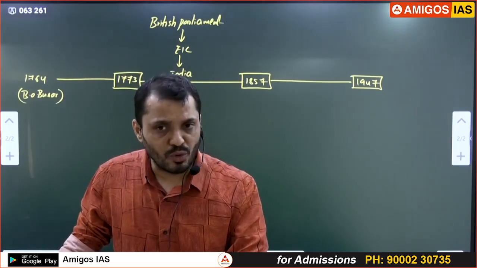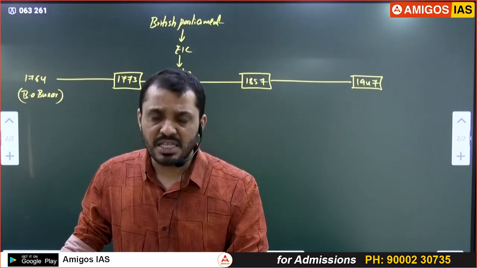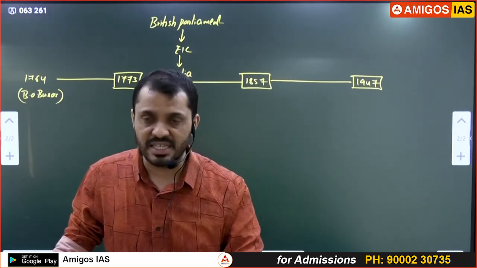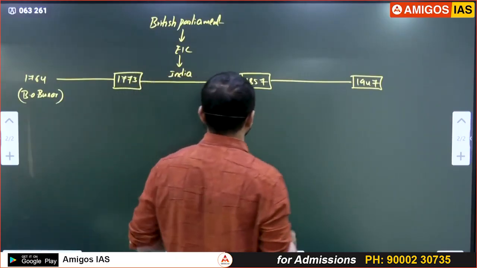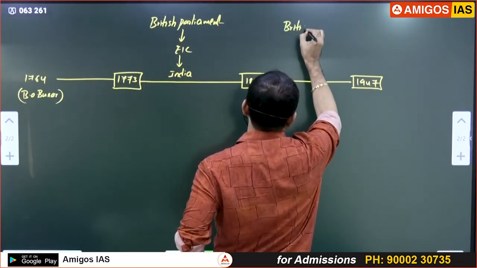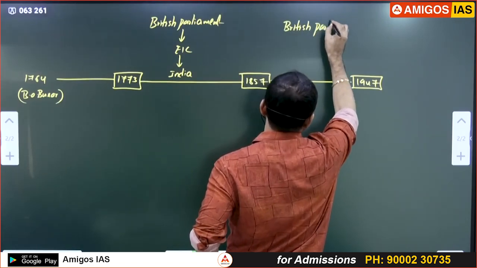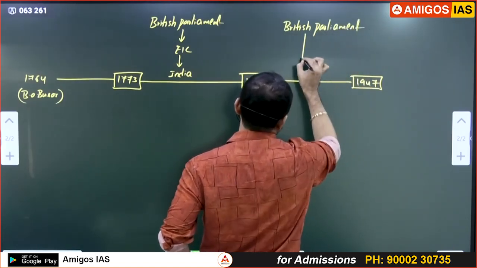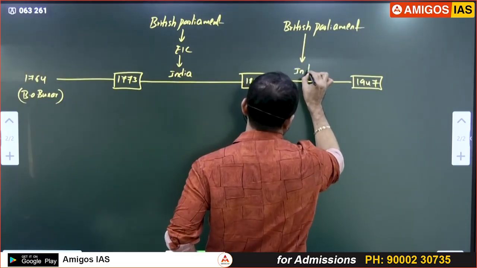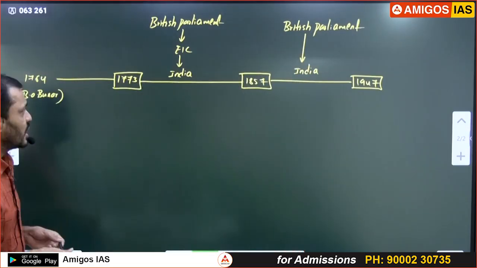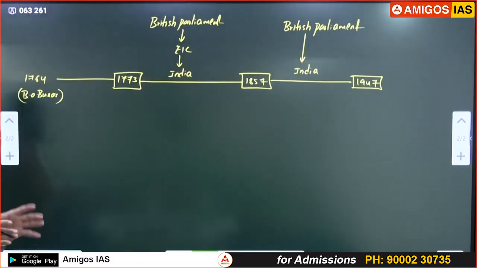After the 1857 revolt, the British realized that a small company like the East India Company could not control India for very long, and they decided to abolish it. The British Parliament started directly controlling India. You must have clarity on this division: before 1857 and after 1857.